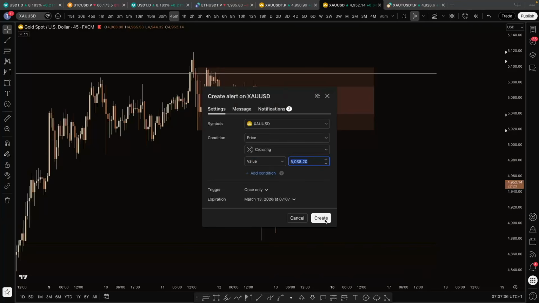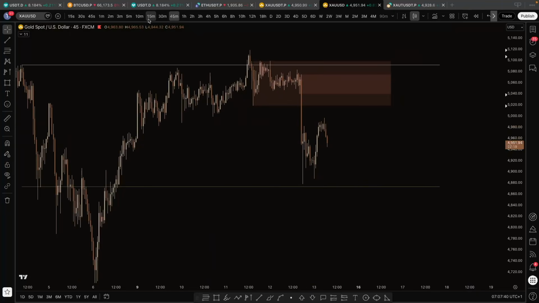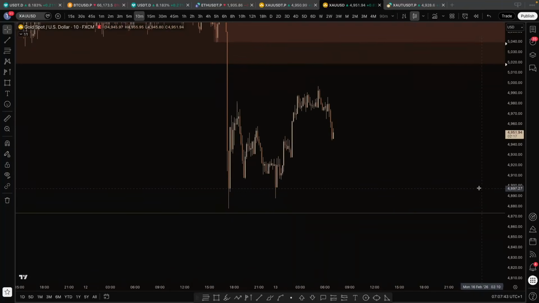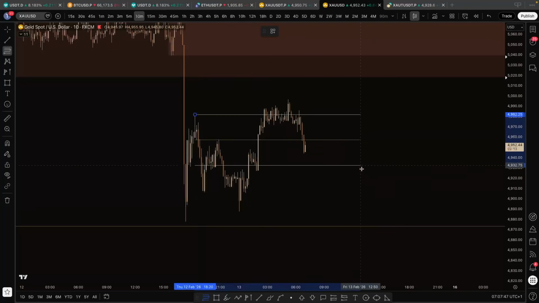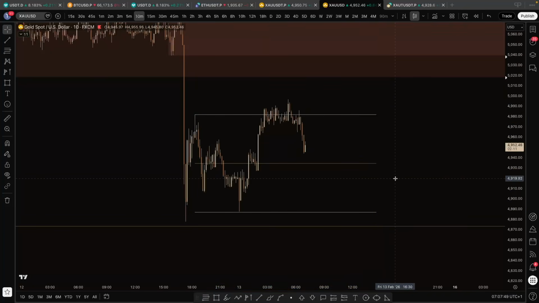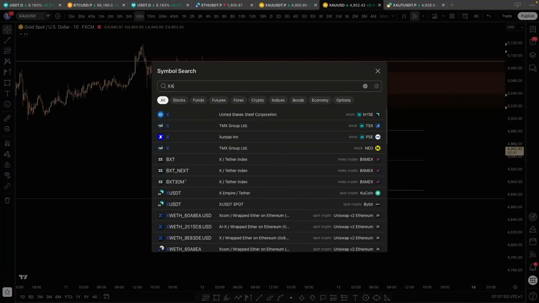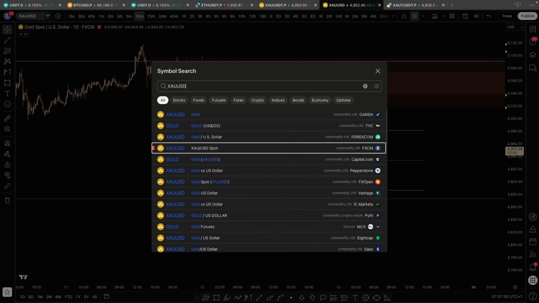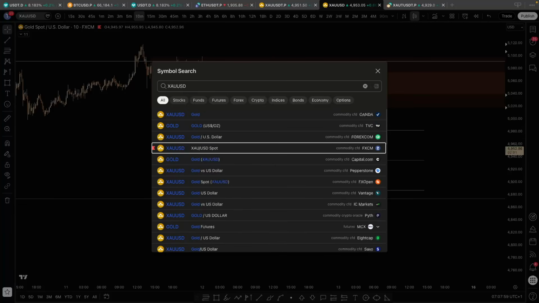And don't underestimate trading gold, guys. Trading gold is awesome. So that's why I like it. That's why I like that BitUnix and Blofin added it to their exchanges. I even made sure it was on TradingView.